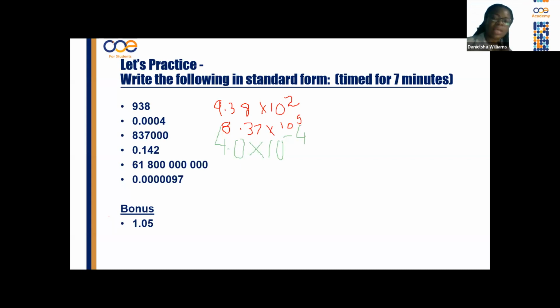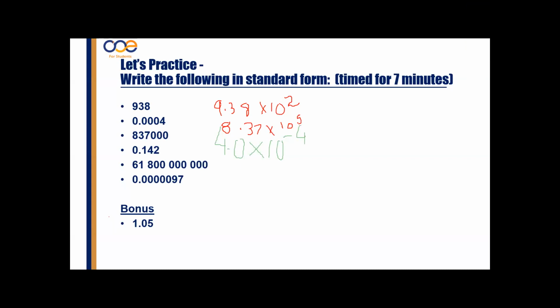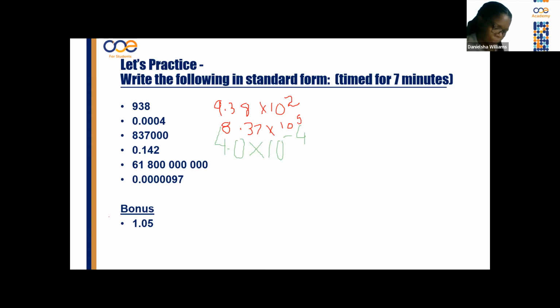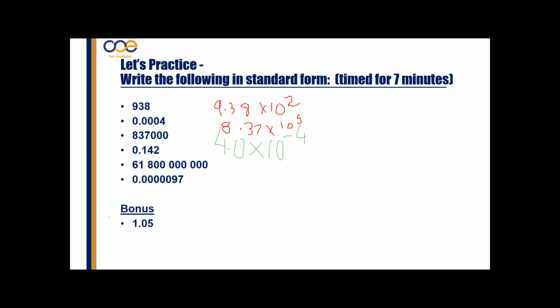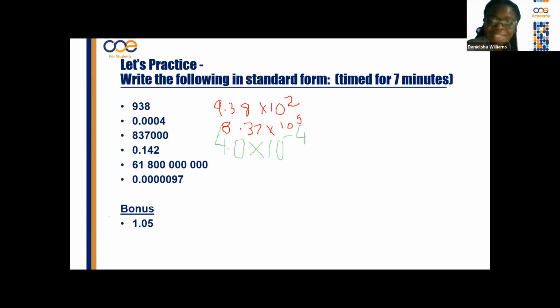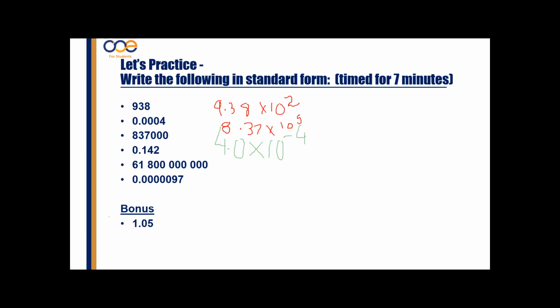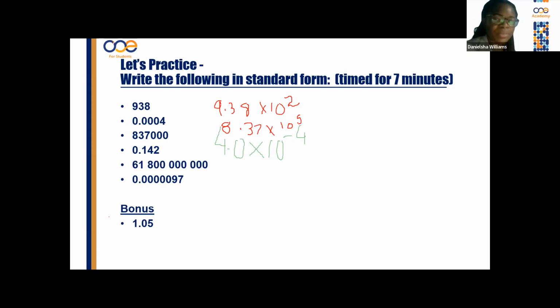Nathan, go ahead. Is it 1.05 times 10 to the first power, miss? 10 to the how much power?